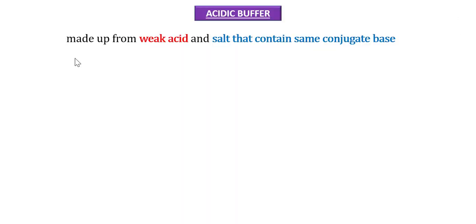An acidic buffer is a solution that is made up of a weak acid and a salt that contains the same conjugate base.